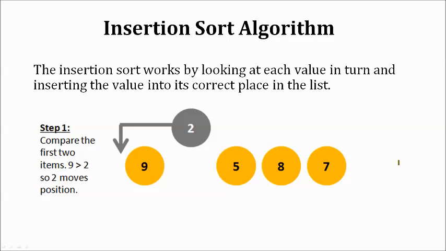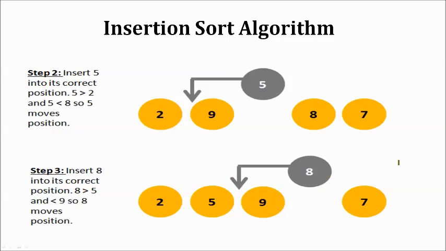Since this is true, they will swap position. Next, 9 is compared with 5. Is 5 less than 9? Yes, true. What about 2? False. So 2, 5, 9. That's the correctly sorted data.